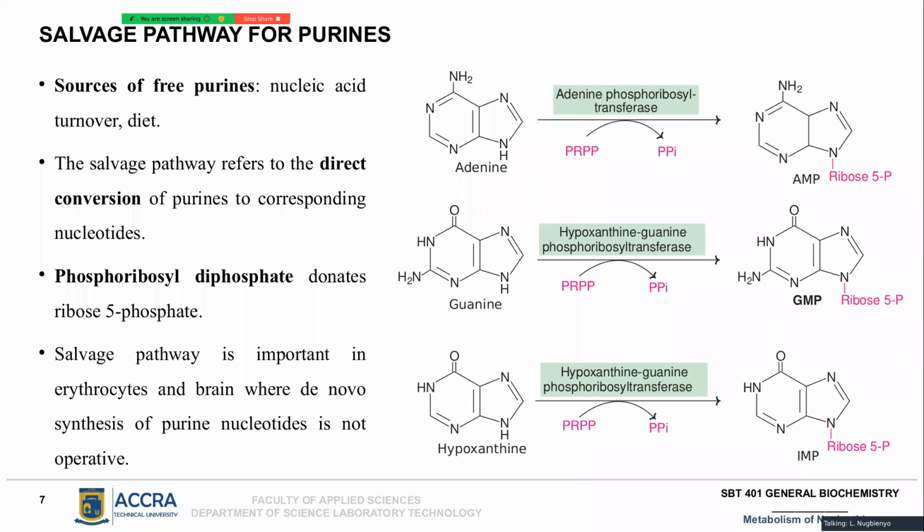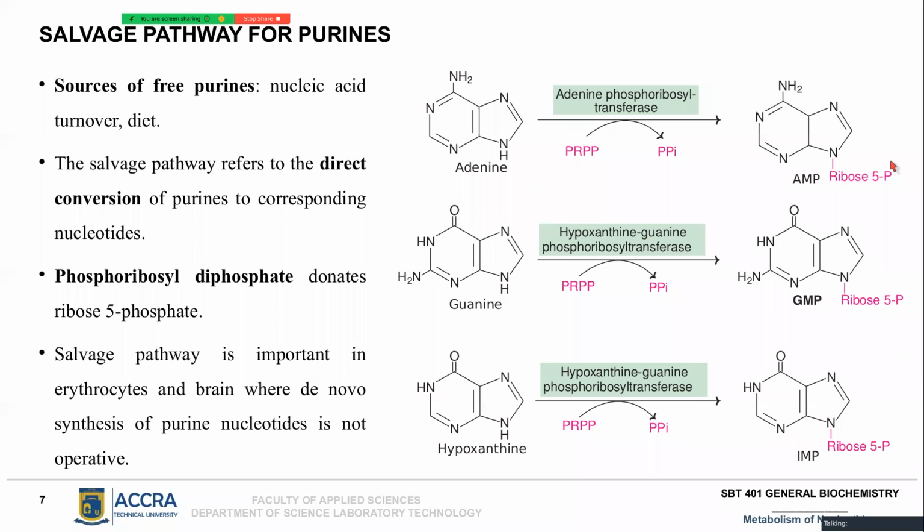And this simpler pathway is just about the conjugation of an already existing nitrogenous base with an already existing ribose 5-phosphate.